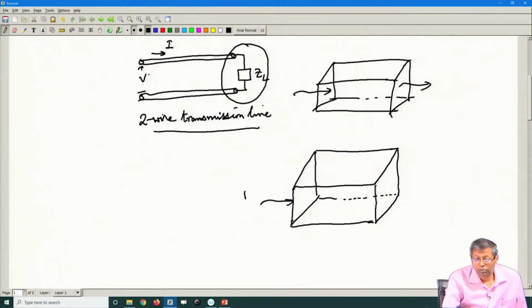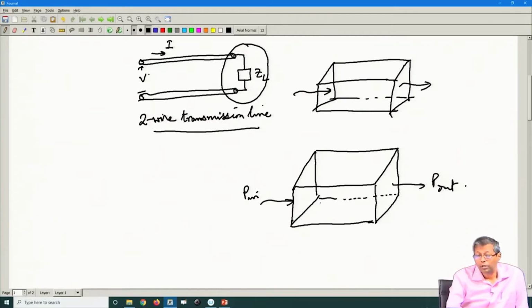Power is incident from this direction and power goes out from this direction. We have the conducting boundary conditions on the top wall and the bottom wall, as well as on the transverse walls, which is this wall and that wall.